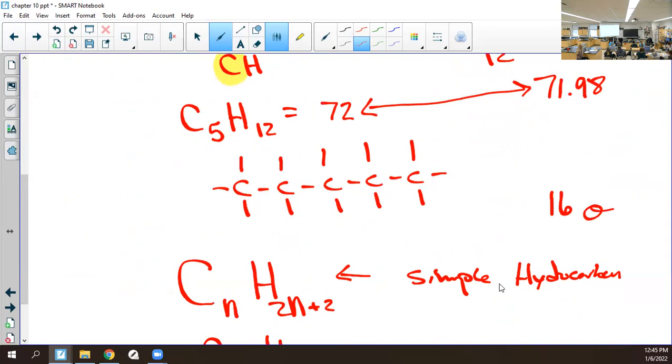Fair enough. There's all sorts of ways to apply this chapter to everything we've ever done, and that's what AP likes. They like one question that can test multiple chapters.